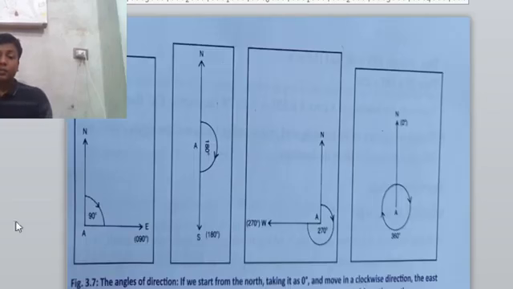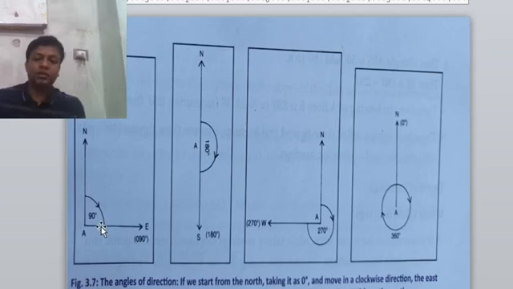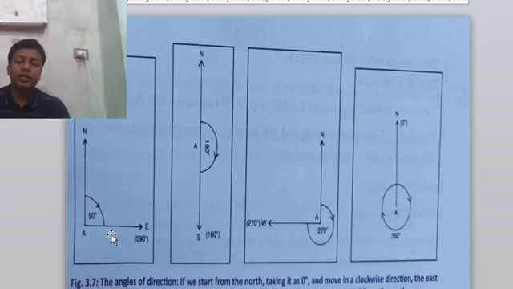Now, angle of the directions. As you easily understand, all the cardinal directions are divided into 90 degrees. When you divide north to south point, it is 180 degrees. Opposite to this direction, when west, the clockwise direction of this is 270.